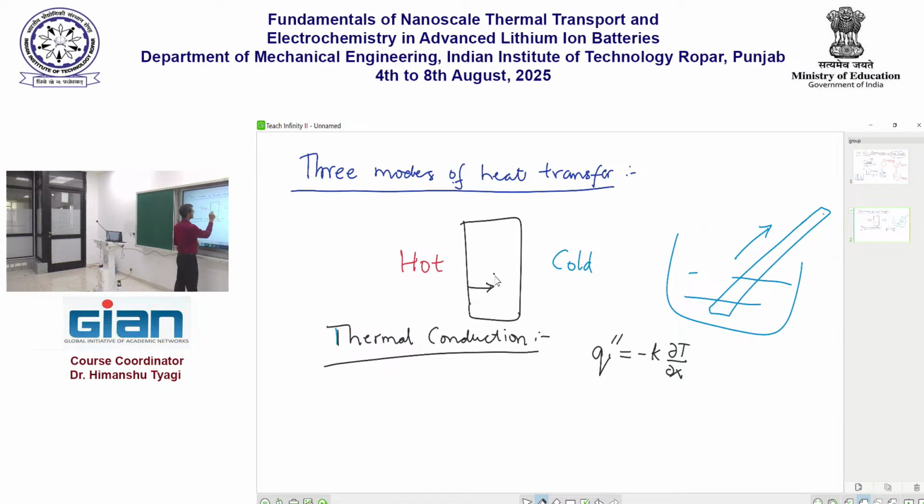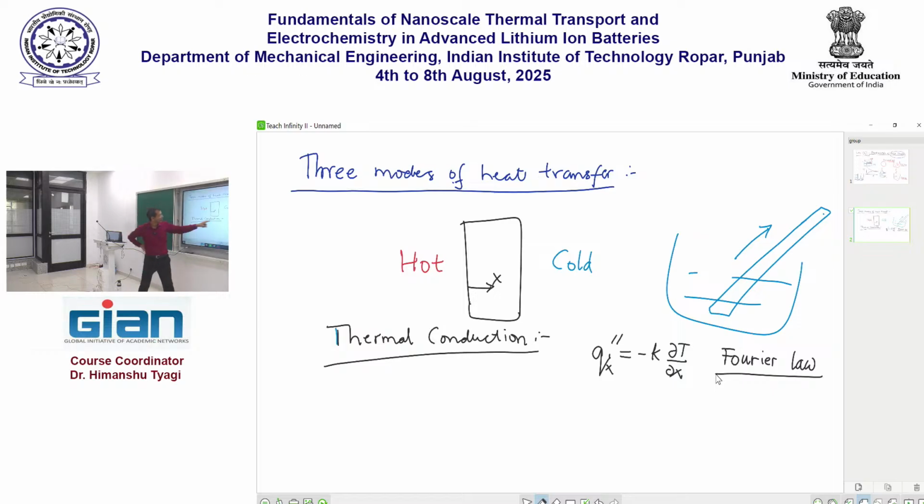So if this is the x direction, then this equation, which is called Fourier's law, basically predicts that the amount of heat that will flow due to thermal conduction is proportional to the temperature difference, the temperature gradient in that solid body.